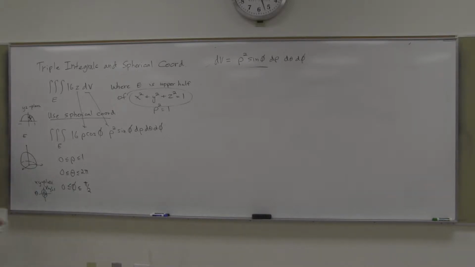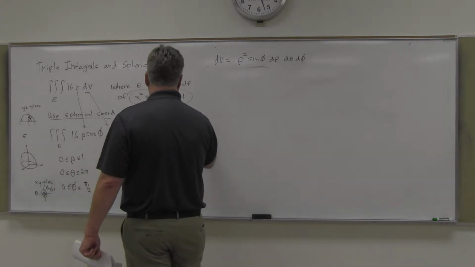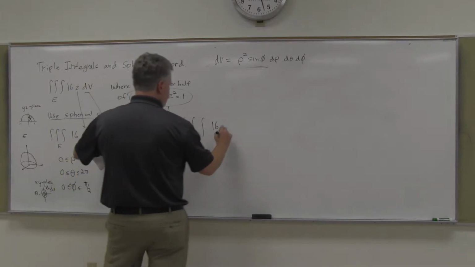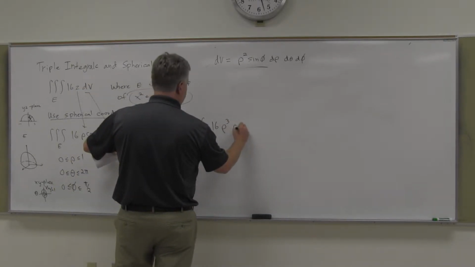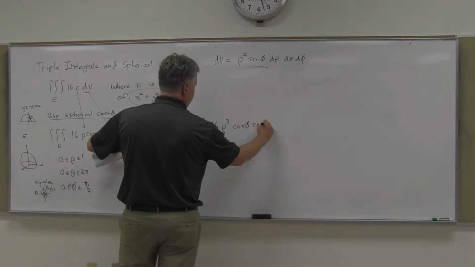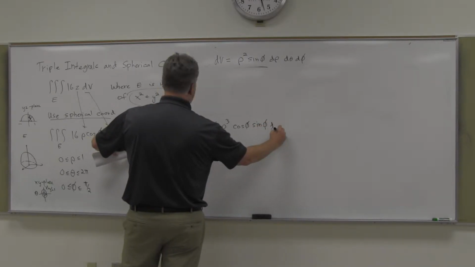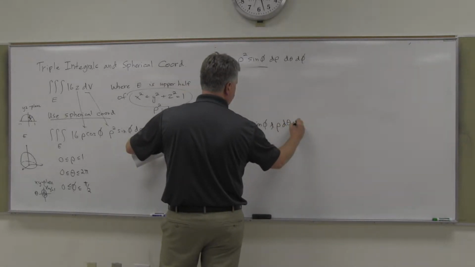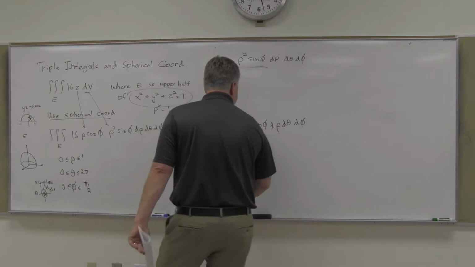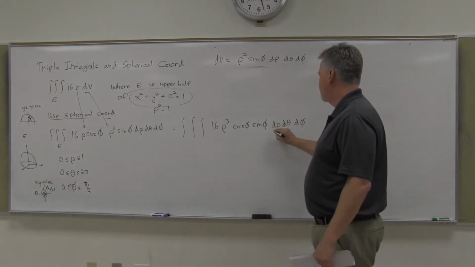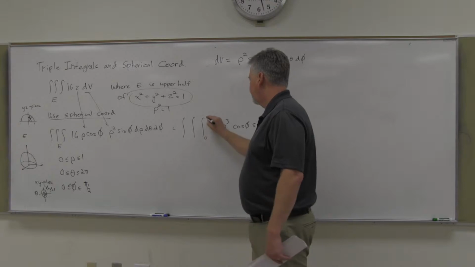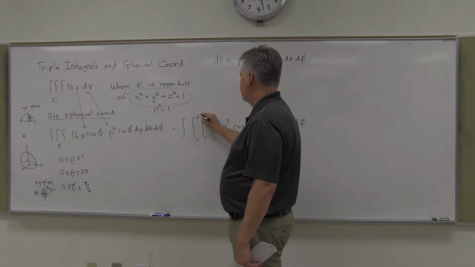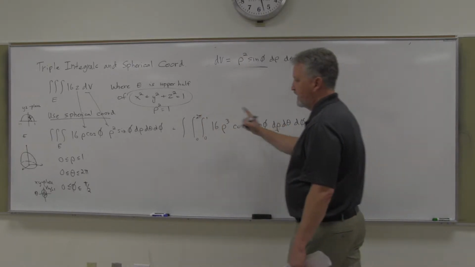All right, so here's what the triple integral works into: 16, rho cubed, cosine phi, sine phi, d rho, d theta, d phi. We do them in this order. Rho's first, so we go 0 to 1. Theta's next, 0 to 2 pi. And phi is last, so 0 to pi over 2.